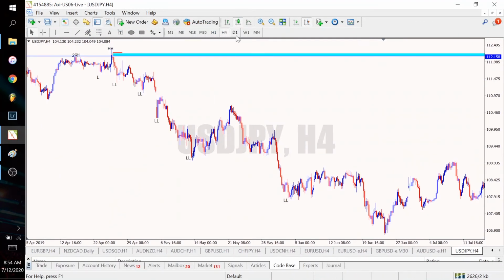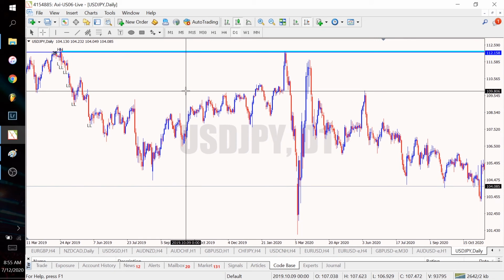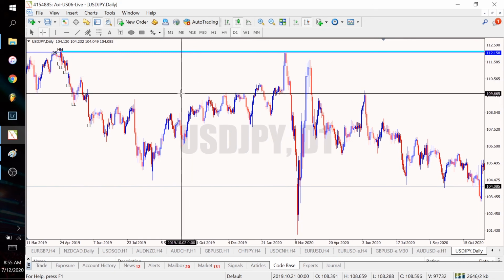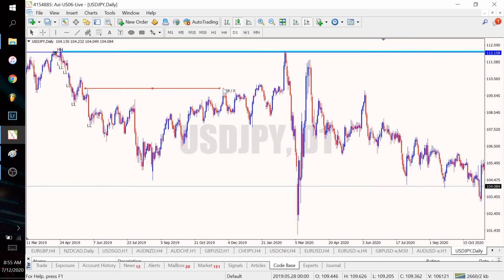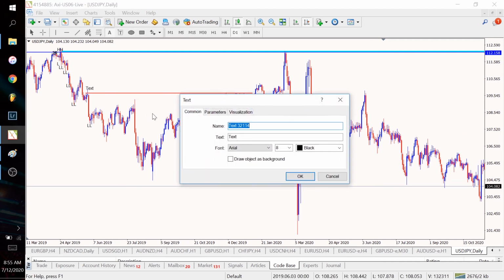So let's look at the chart. So let's look at the daily, for example. Do we have something significant? So we can spot a beautiful fake out here. This is our R1.